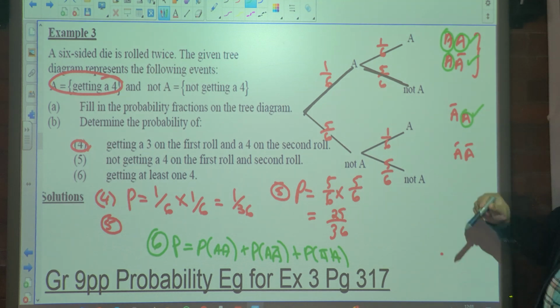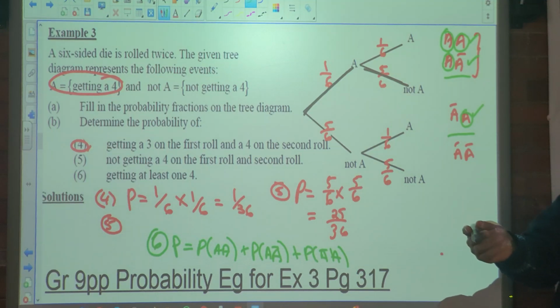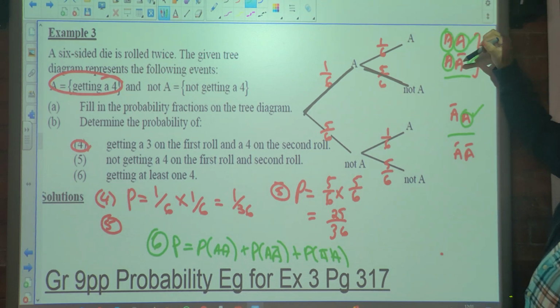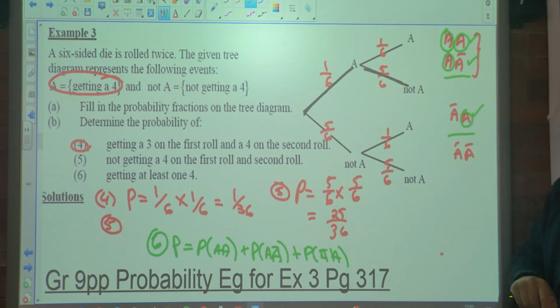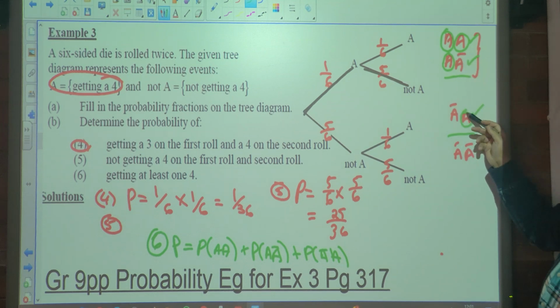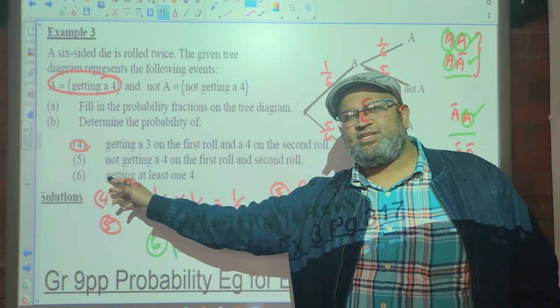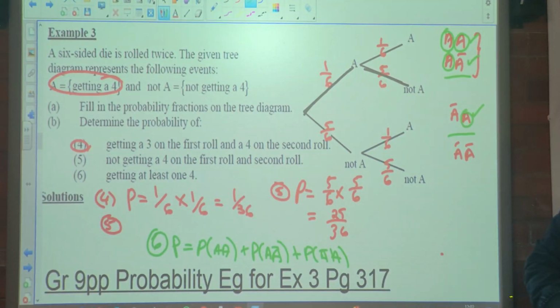If it says only 1 four, then it's only those 2. Can you see that? But it says at least, so it could be more. That is why I'm going with 2 fours, a 4 and another 4, another 4 and a 4. Because all of that conforms with the condition, I must consider all of it. Okay?